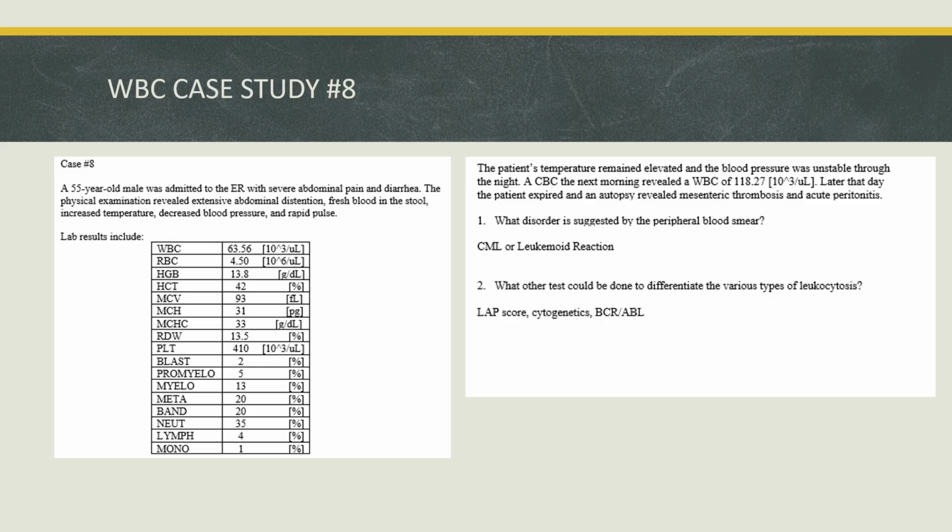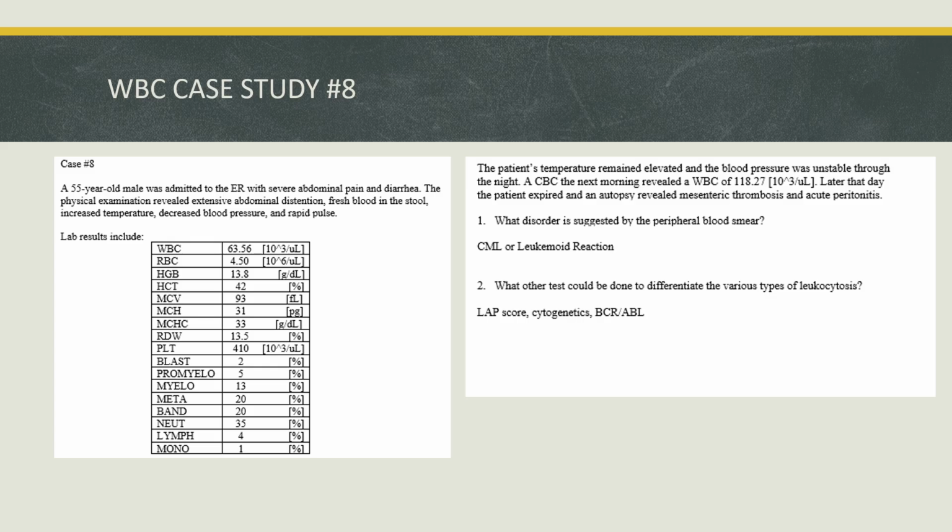We do also see a little bit more maturity in the cells. So we have 20% bands, and usually anything greater than 15% bands is going to kind of put us into thinking about maybe a left shift. But it's really hard to tell without further testing.